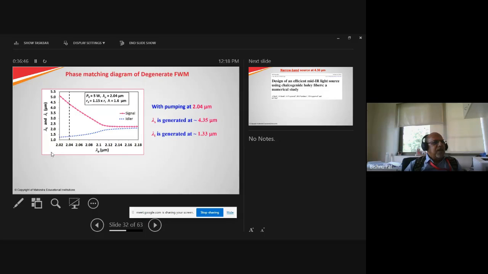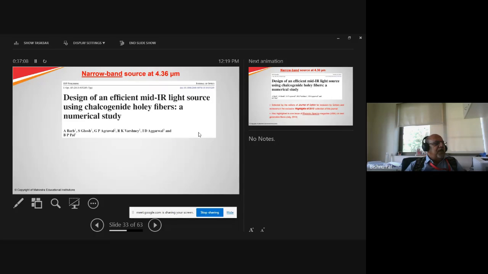You can see here for the pump laser at 2.04 micrometer, from this diagram we get a much stronger signal and a much weaker idler. So most of the pump energy is used up in getting the signal. This is one of the critical design features of such a medium to act as an all-fiber mid-IR light source.